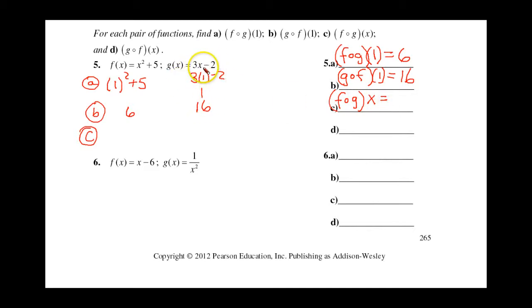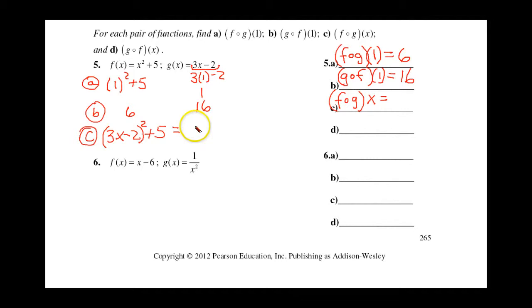So here our x is this right over here. So we're going to put this into our x there. So our x is 3x minus 2, the quantity squared, plus 5.